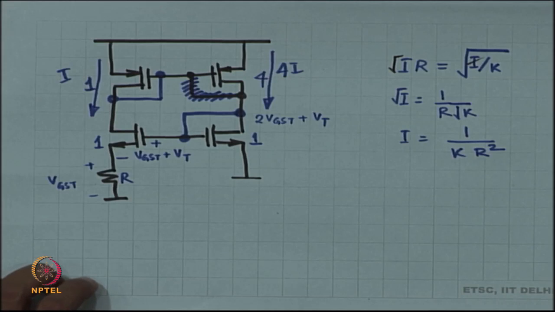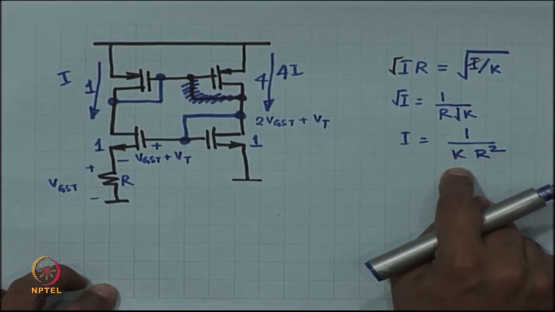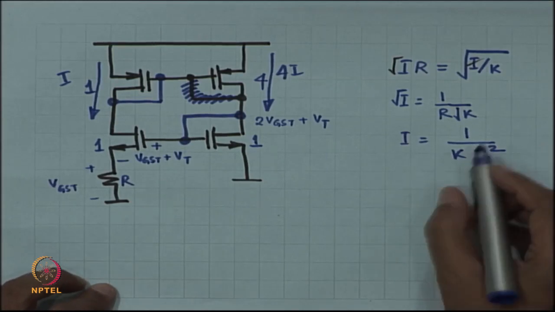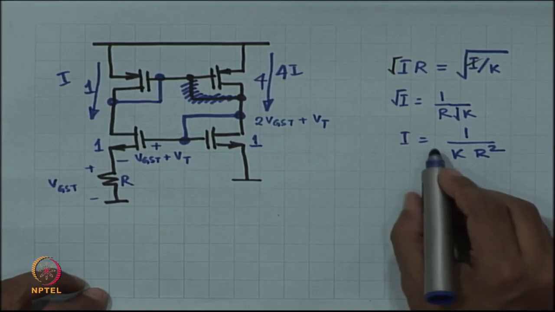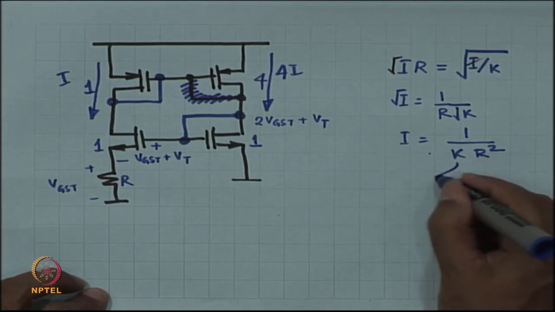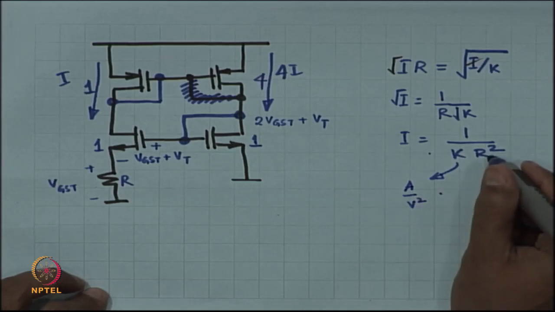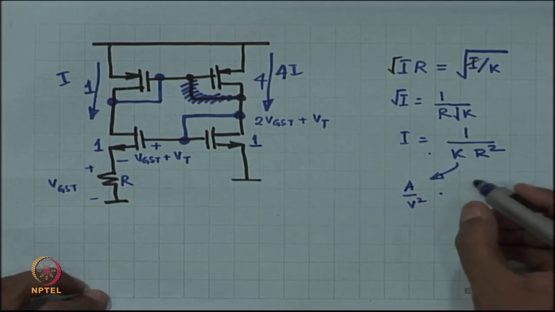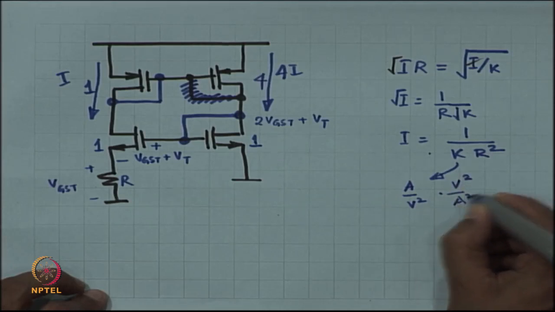Okay. Now, just quickly check the units. K has units of Siemens per volt, so ampere per volt per volt. R has units of V by I, so volt squared per ampere squared.